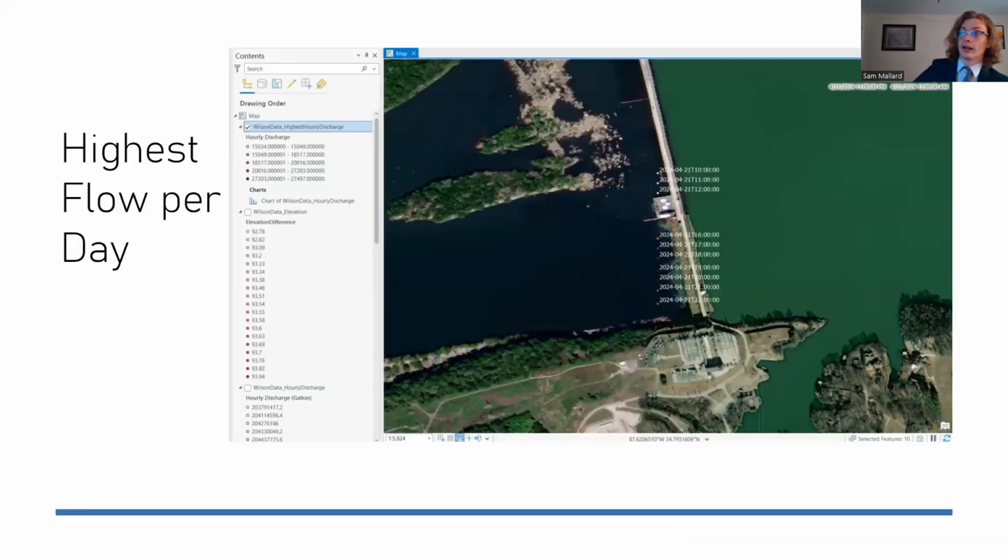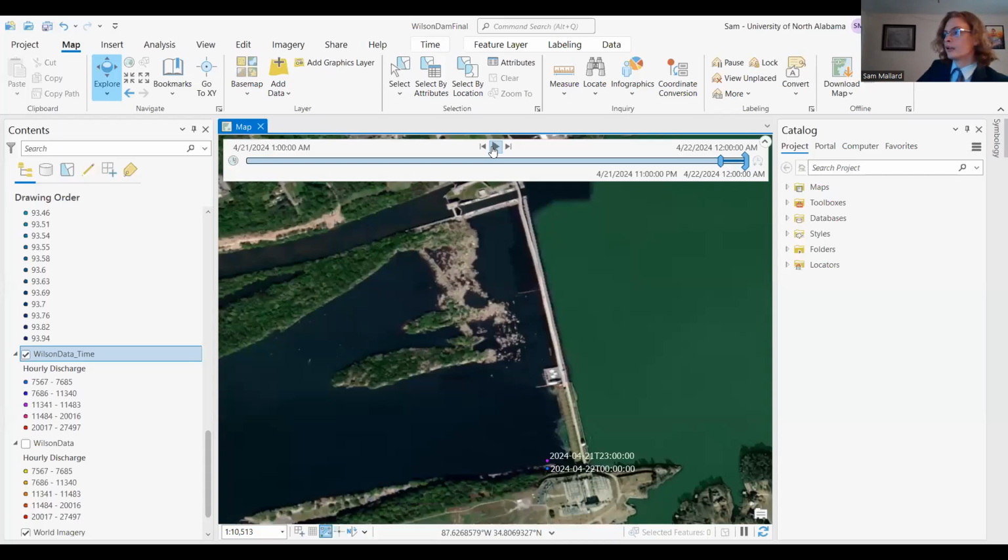Before I start my conclusion, I want to share my Wilson Dam project itself. You'll see here that it's the time feature, and I wasn't able to put this into the PowerPoint.